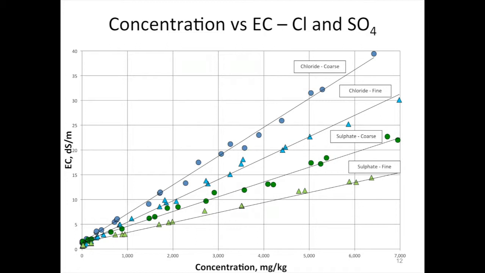As we know, those relationships do depend on soil type, but this enabled us to see what those relationships were separately for chloride and sulphate and separately for the 2 soils that we tested. And I just put the regressions in here in case anyone would have a use for those going forward. I expect this sort of thing, in 6 months' time, you'll be looking for that relationship, and so hopefully those will be available.